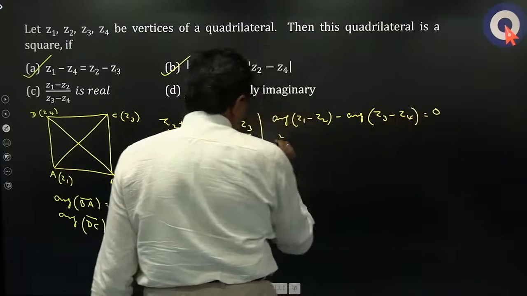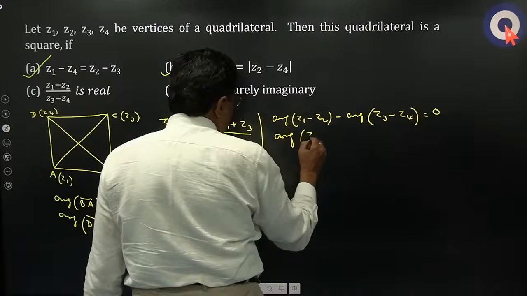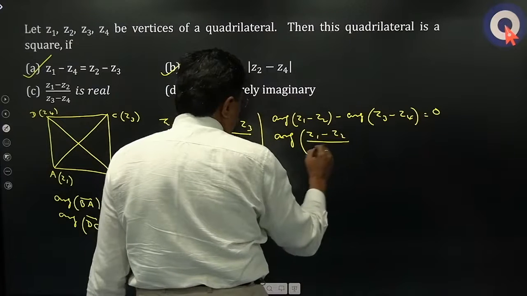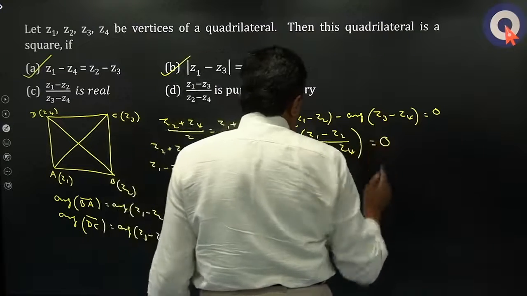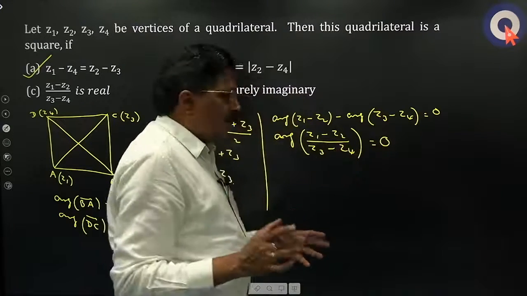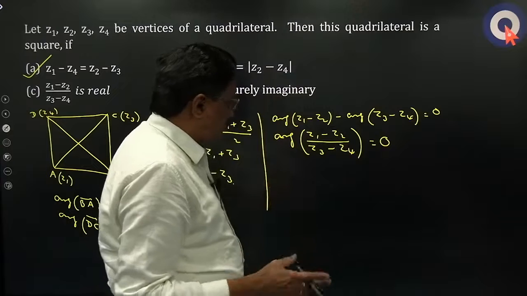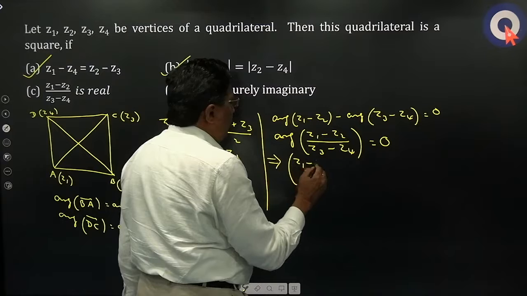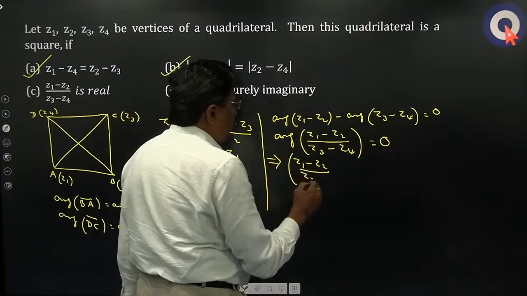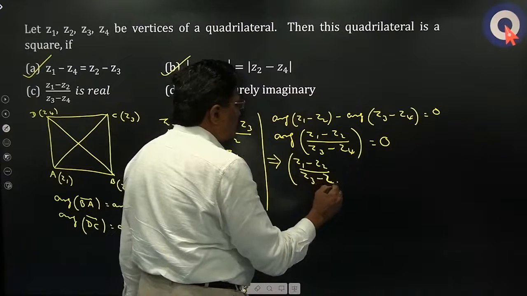So that means argument of Z1 minus Z2 by Z3 minus Z4 is equal to 0. The argument of some complex number is 0 means the complex number has to be purely real. So this implies Z1 minus Z2 by Z3 minus Z4 is purely real.